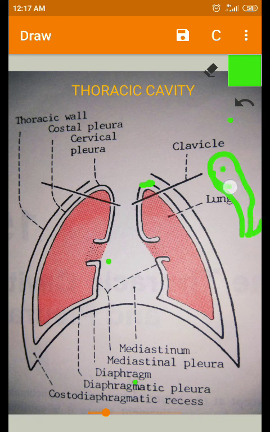I have told that the pulmonary veins, pulmonary artery and bronchial arteries are present in this, and this layer also contains loose areolar tissue with a few lymphatics.